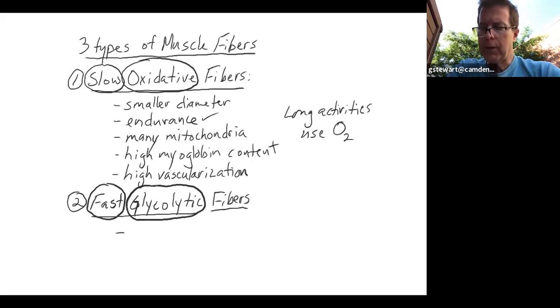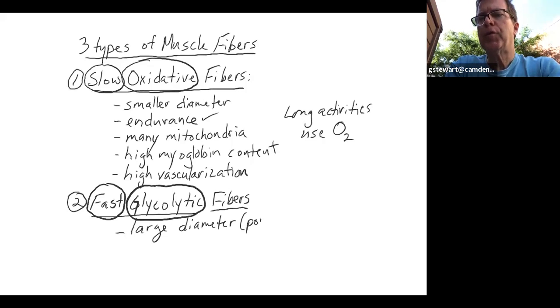I'm going to describe what these are like. These tend to be very large in diameter. They are powerful. They produce powerful contractions, but they fatigue very quickly.